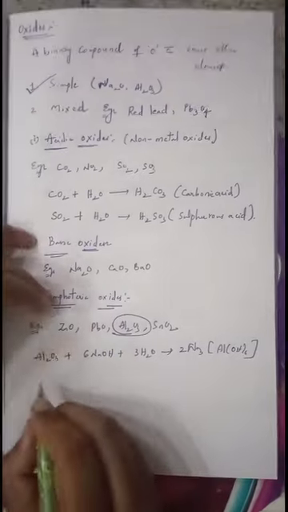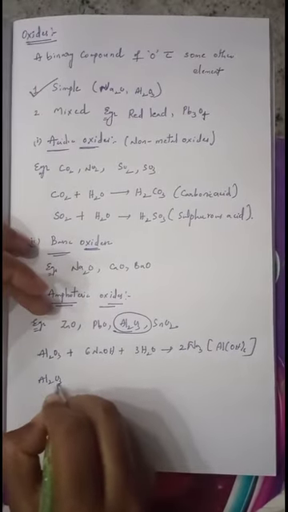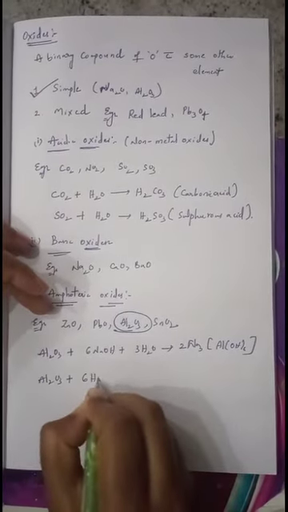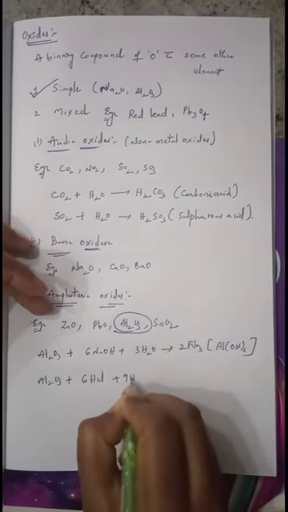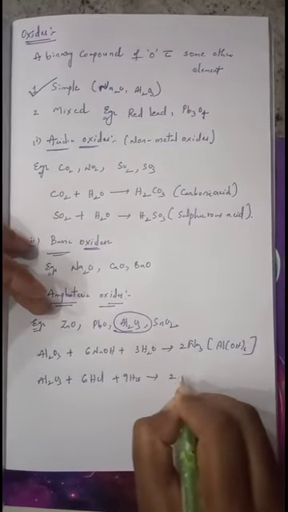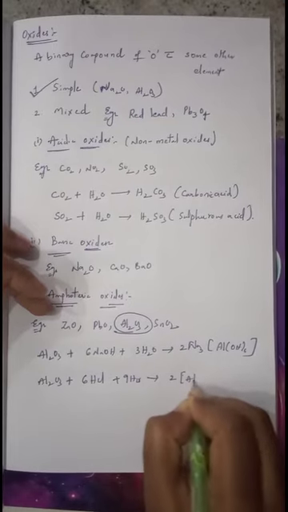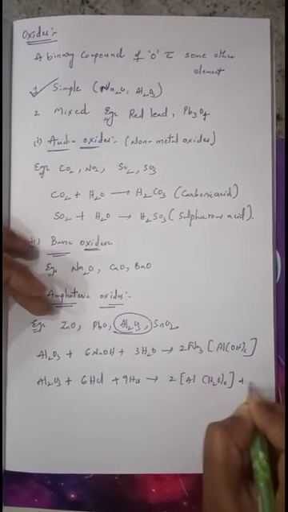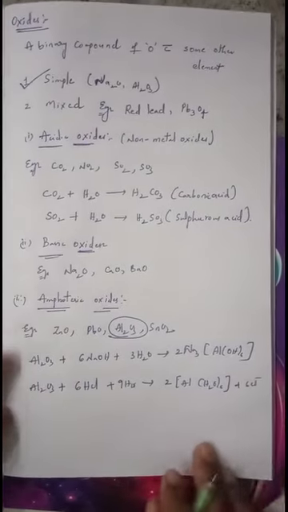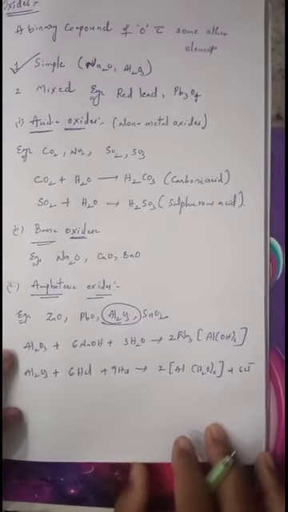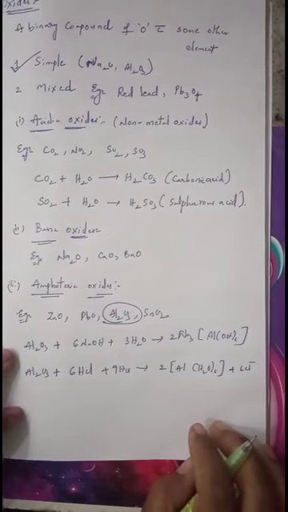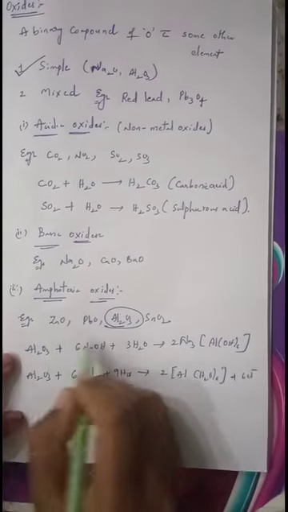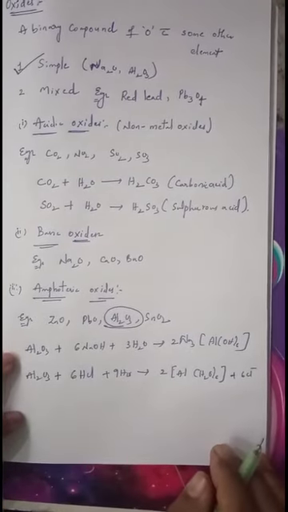In the same manner, when Al2O3 dissolves in 6HCl and 9H2O, it can convert into 2[Al(H2O)6] compound and release 6Cl minus. That means they can give both acids as well as bases when they dissolve in water. That's why such oxides are said to be amphoteric oxides.